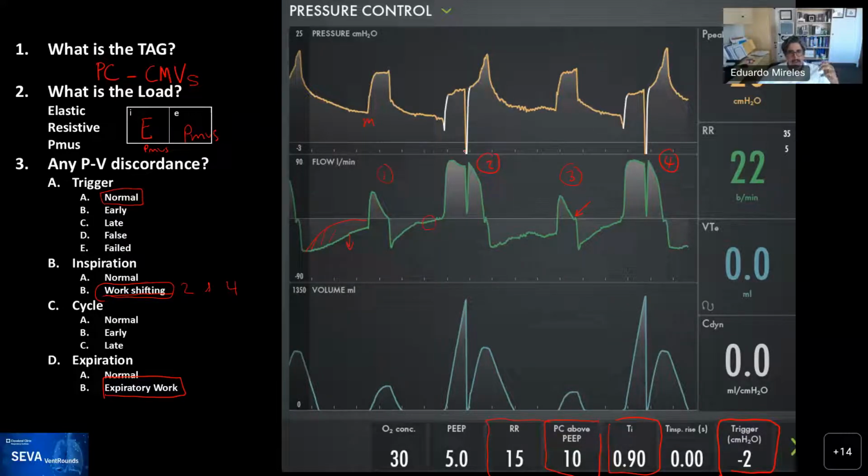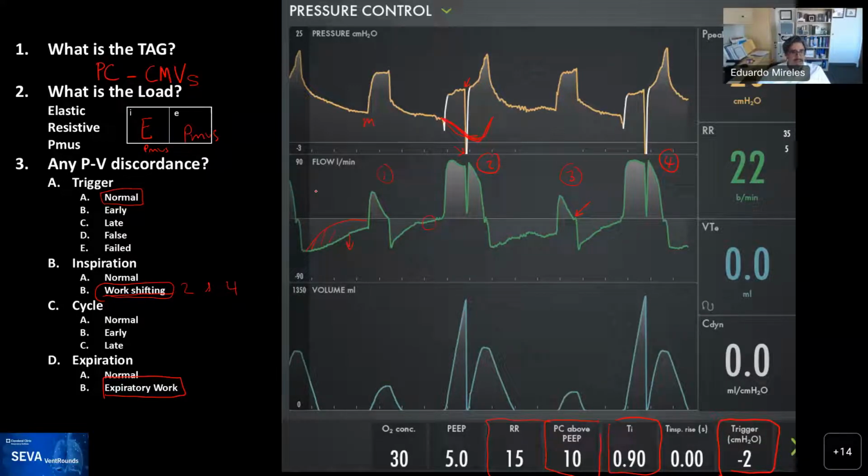The drop in pressure is because the patient is doing so much effort that it drops the pressure from all the way here to below the baseline. So it goes sub-atmospheric, because the patient is doing so much effort. If I would draw the inspiratory effort, it probably looks more or less like that, this long.